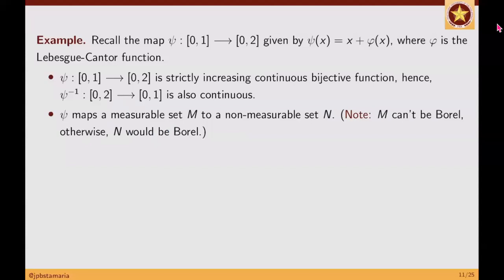Kasi if M is a Borel set, dahil ito'y continuous at bijective, yung image ng Borel set ay magiging Borel set din. So magiging Borel set yung N kung si M ay Borel. But N is not measurable. Therefore, M can't be Borel. Si M yung example natin ng measurable pero hindi Borel set.